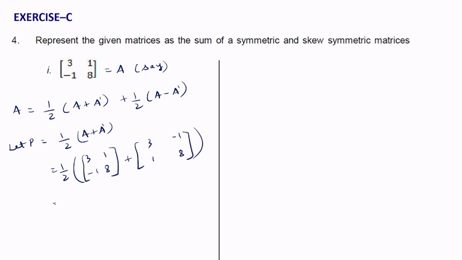So this is half of [3+3, 1-1; -1+1, 8+8] which is 6, 0, 0, 16. So this is [3, 0; 0, 8]. Now this is equal to P transpose, which implies P is symmetric.